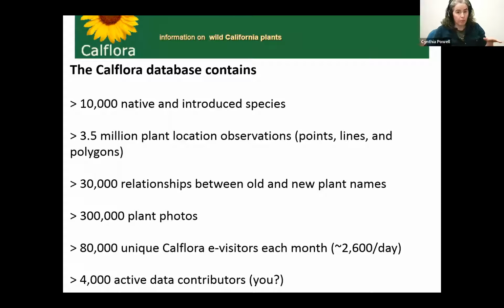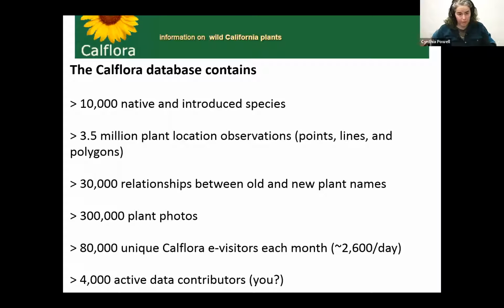We are not the name authority, nor do we want to be. We refer to Jepson eFlora as the authority on plant names in California, and then also CNPS. Every now and again they disagree, but for the most part they agree. We also use USDA Plants sometimes.